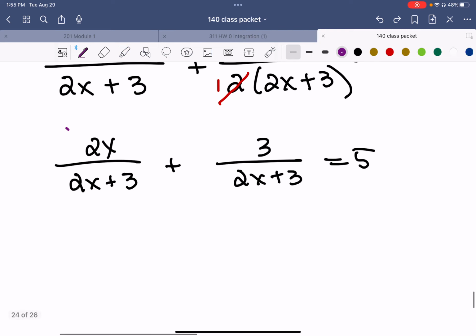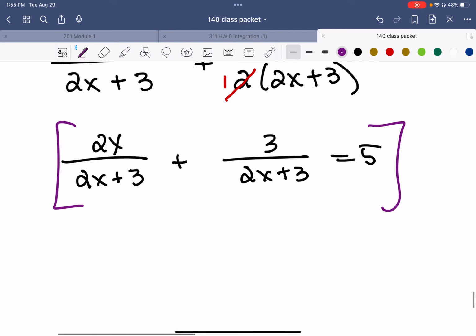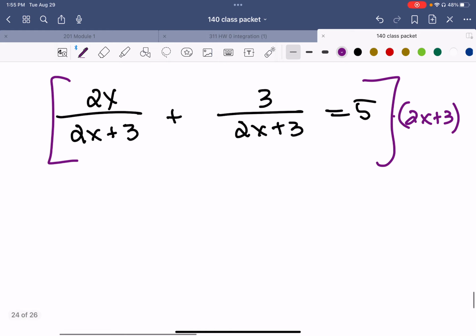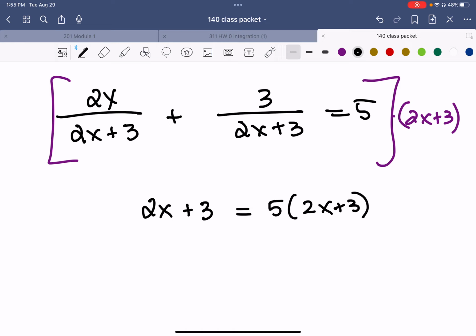So we're going to multiply everything by our denominator, which is 2x plus 3. When we distribute that, both of the two fractions on the left have 2x plus 3 in the denominator. That's going to cancel, and I'm going to get just what's in the top. So that's 2x plus 3. On the right, we have 5 times 2x plus 3.